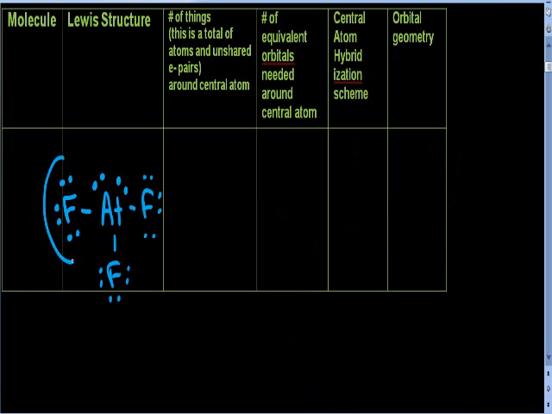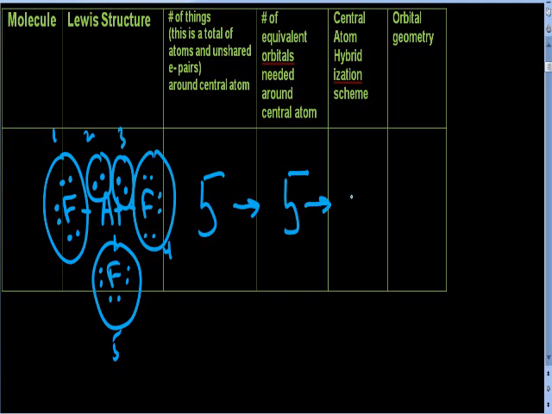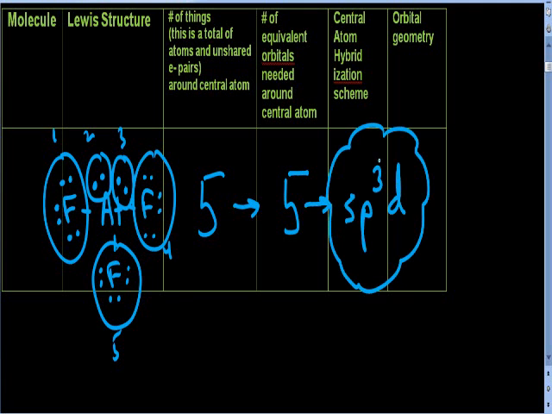We have 1 fluorine atom for 1 thing, an unshared pair for 2, another unshared pair for 3, another fluorine atom for 4, another fluorine atom for 5, so we have 5 things attached to our central astatine atom in our structure. 5 things mean we're going to need 5 equivalent orbitals around the central bonding atom. 5 equivalent orbitals are provided by the hybrid scheme sp3d, and that would be the hybrid scheme required on the central atom in our astatine trifluoride molecule.